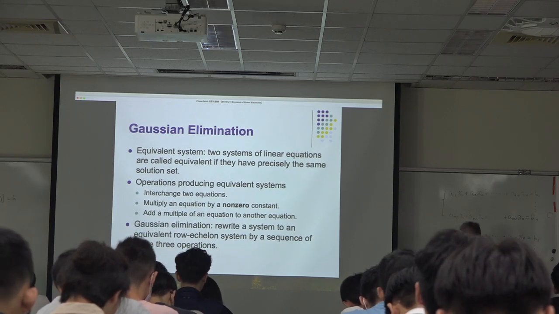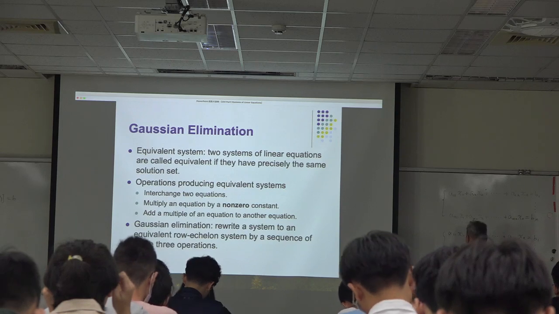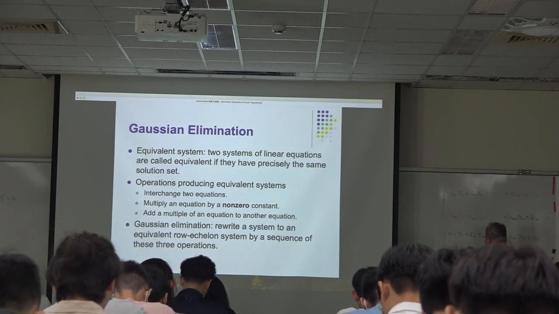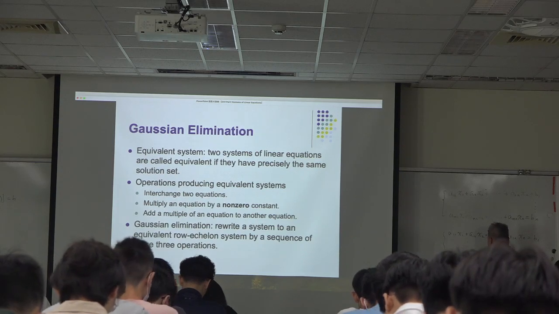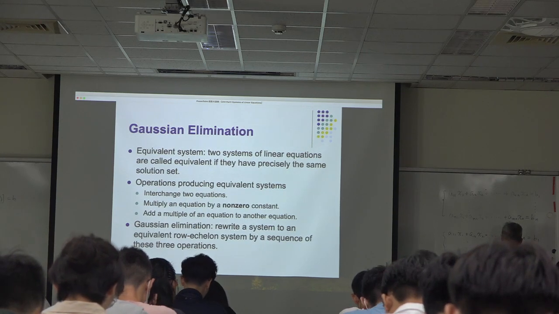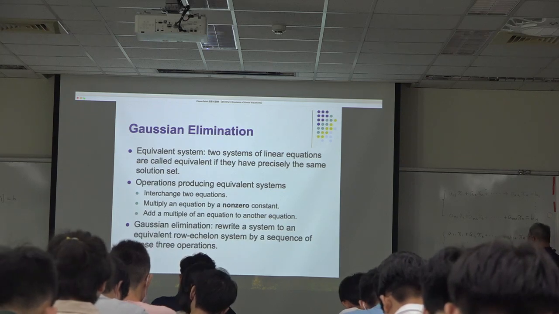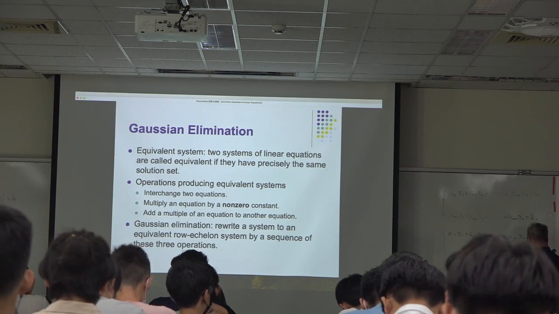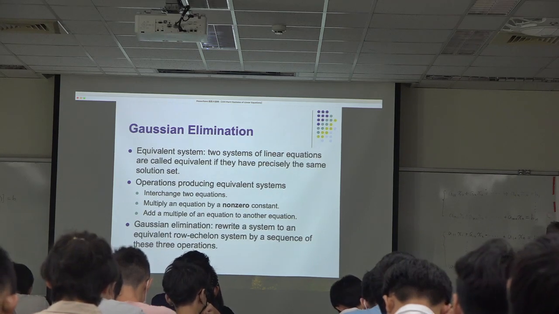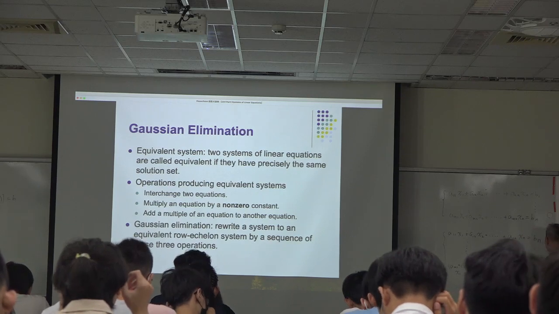So it becomes am1 plus c times a11, times x1, plus am2 plus c times a12, x2, plus and so on, plus amn plus c times a1n, xn, equal to bn plus c times b1.